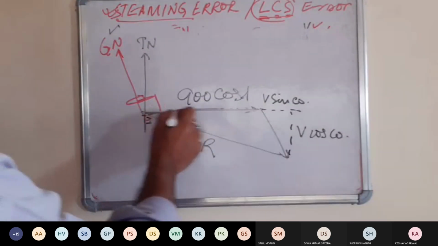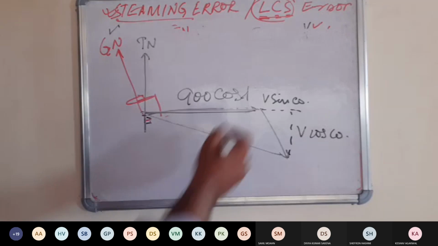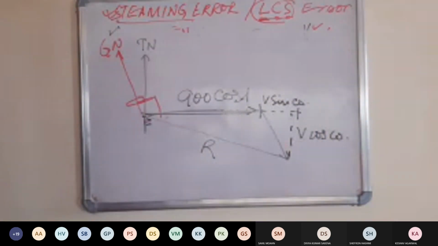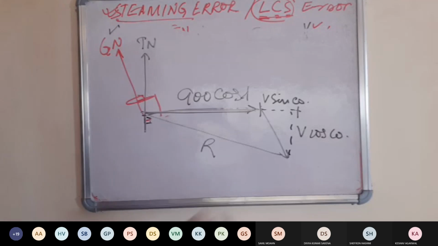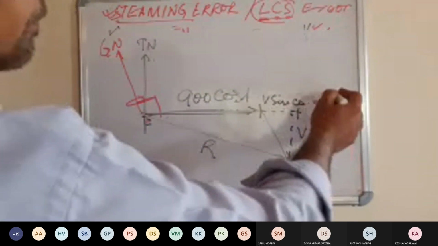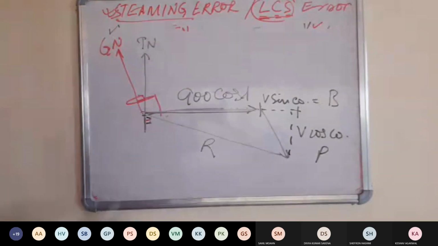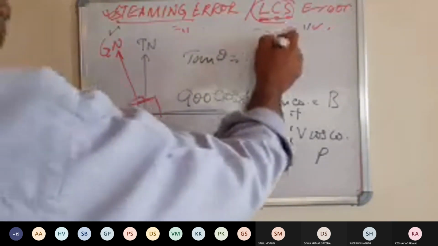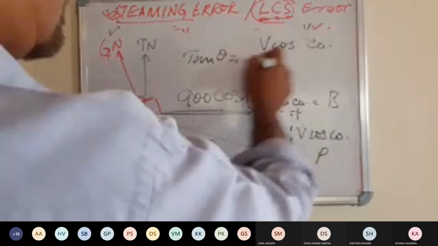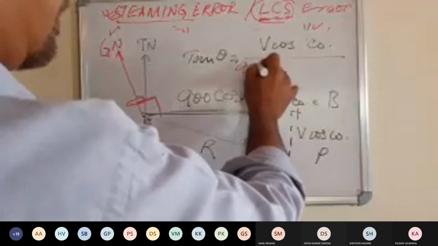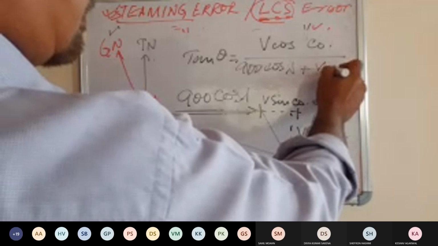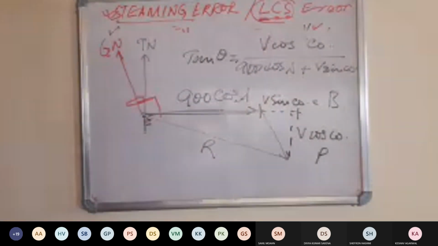Again this is going to be 900 cos lat plus V sin course. This is the base and this is the perpendicular. So again tan theta is equal to V cos course divided by 900 cos lat plus V sin course.